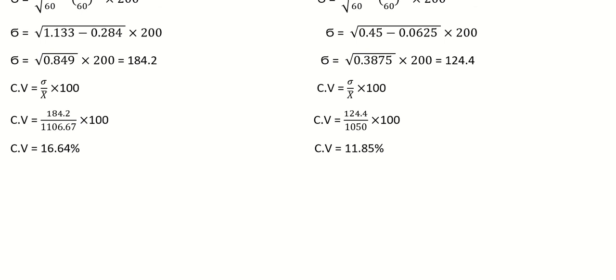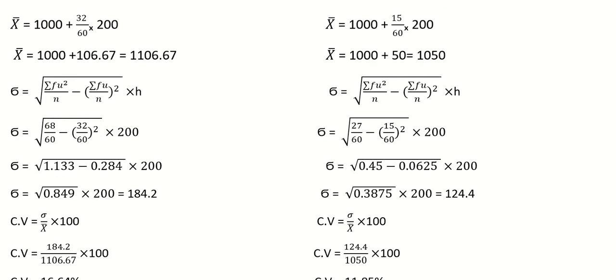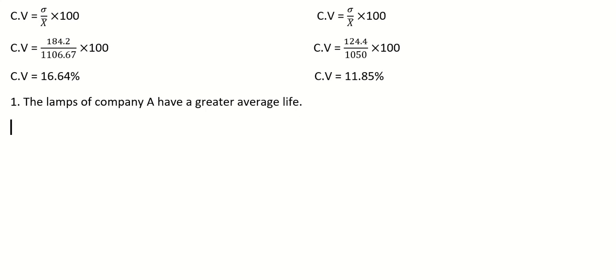So as you can see here, the CV of company A is larger. So two things we have interpreted from here. The first thing is the lamps of company A have a greater average life, right? Mean value is greater for company A, 1106.67, and B's average life is 1050. But if we see the coefficient of variation, the lamps of company B are more uniform.